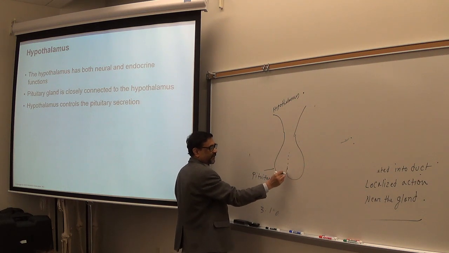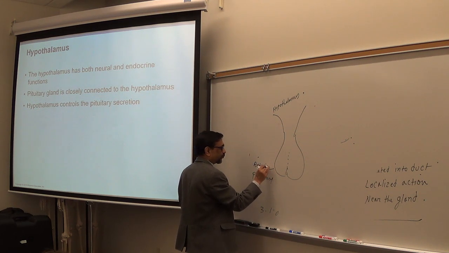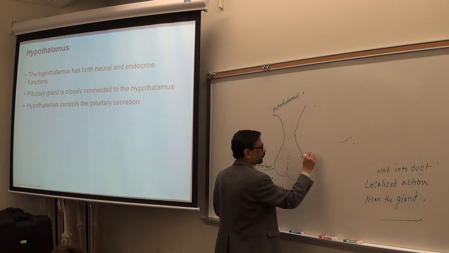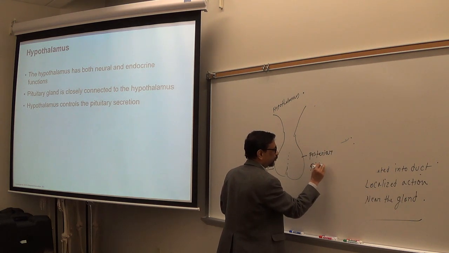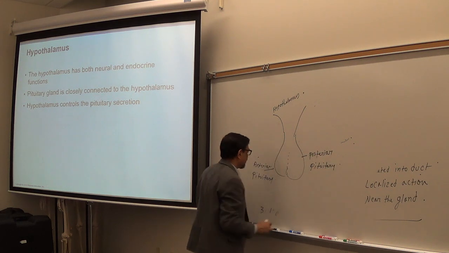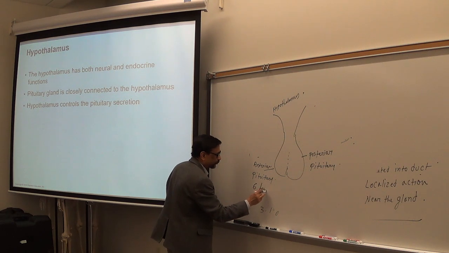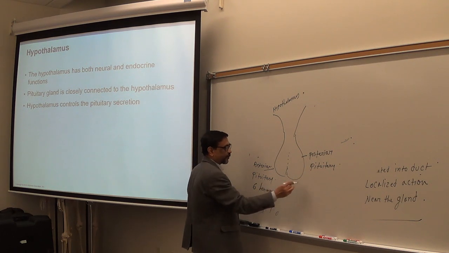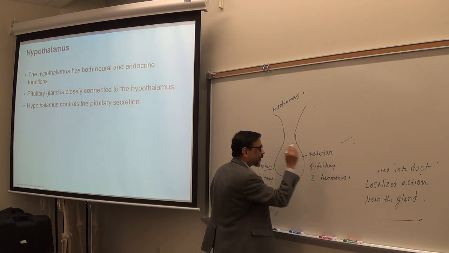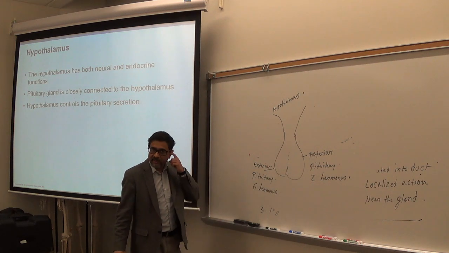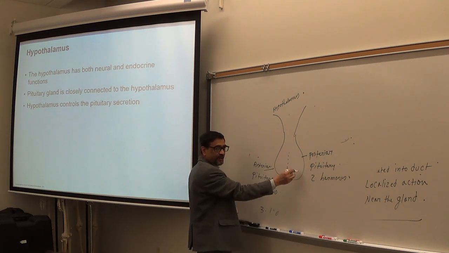Pituitary has 2 parts I mentioned, anterior and posterior. Anterior pituitary produces 6 hormones and posterior 2 hormones. We'll know what those hormones are. Just know that hypothalamus controls the anterior and posterior pituitary.